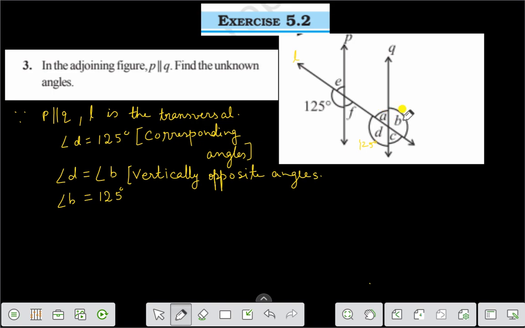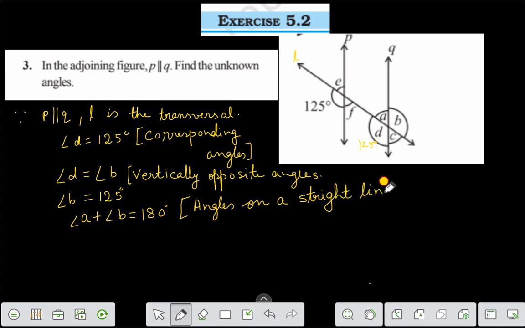Then we can say that angle A plus angle B is equal to 180 degree, because these are angles on a straight line. Right? Therefore, angle A plus angle B is equal to 180 degree.